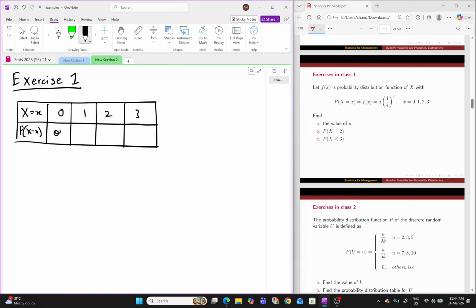How to find the probability here? Copy this one first. Copy first. We're going to find the probability here.